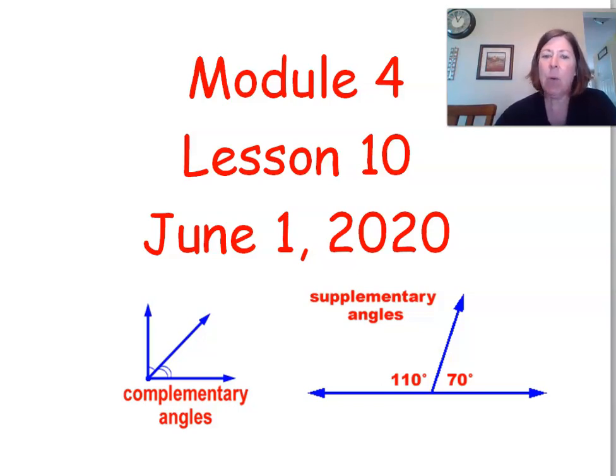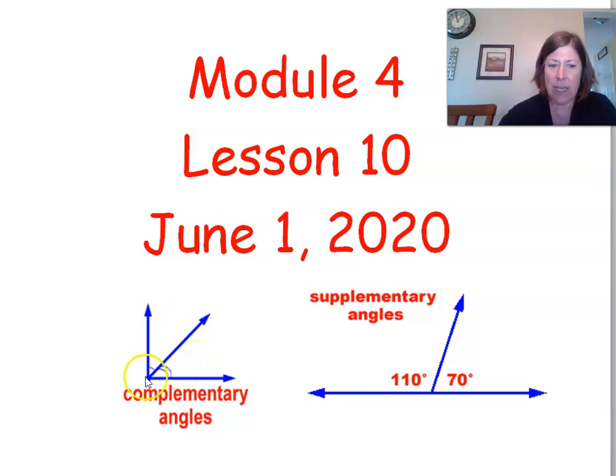But actually today we won't need our protractor to determine the measurement of some angles. We're going to be talking about complementary and supplementary angles. And what you're going to notice is this figure right here is broken into two separate angles.